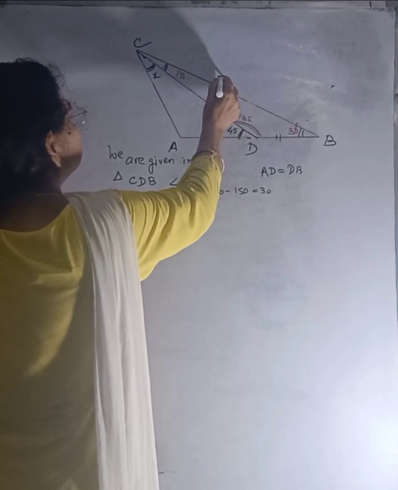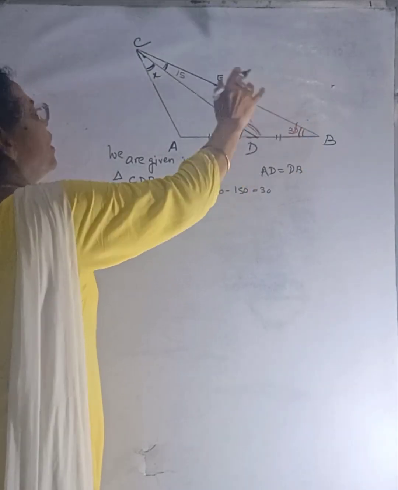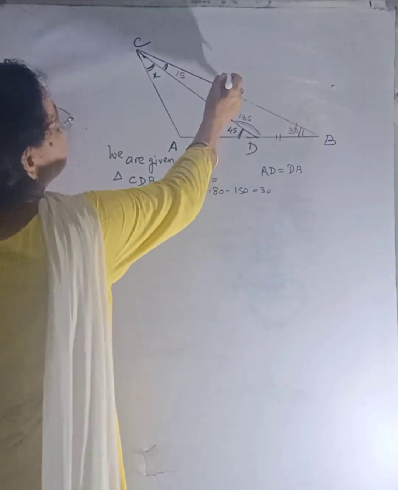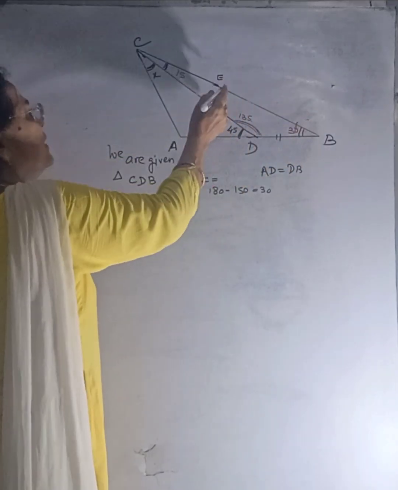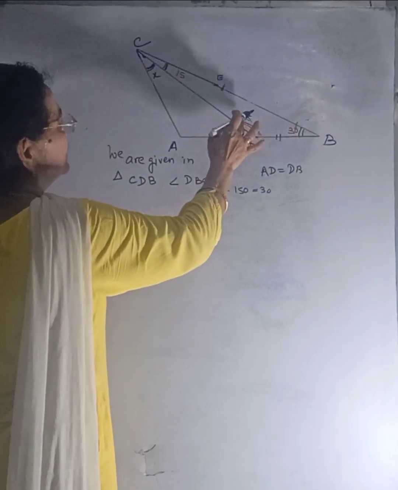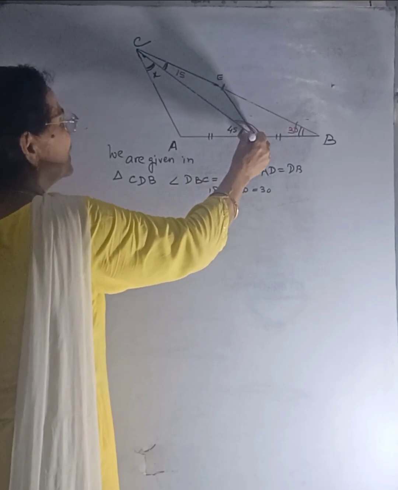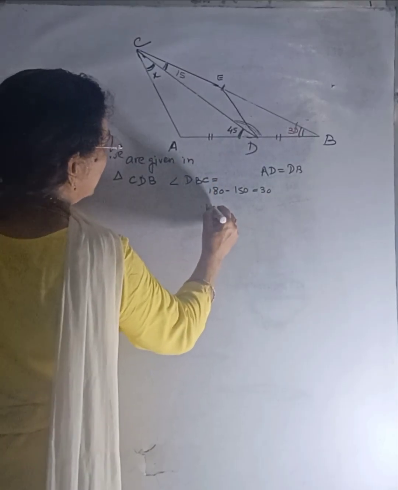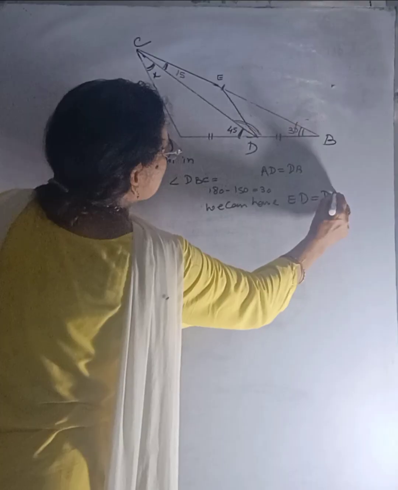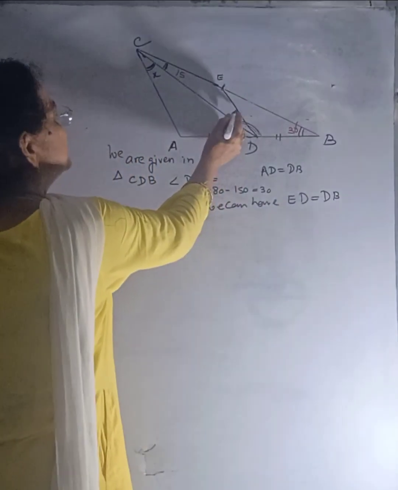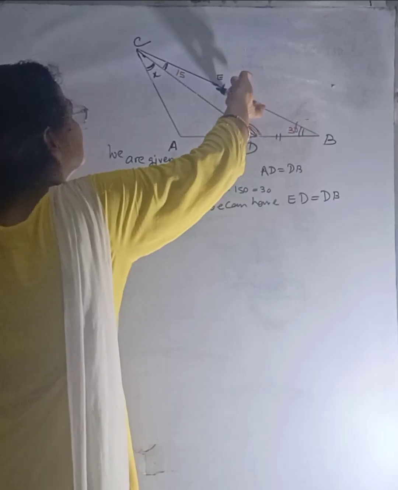Taking D as the center and DB as the radius, we have drawn a cut on CB at E. Then ED will be equal to DB, because D is the center and the arc is taken of length DB and then the cut is drawn on CB.